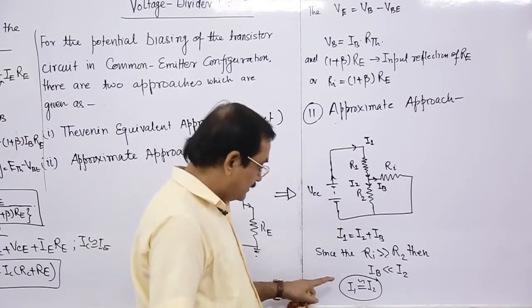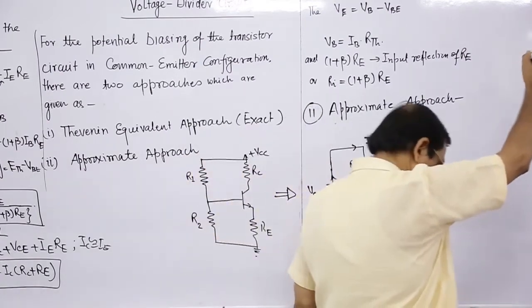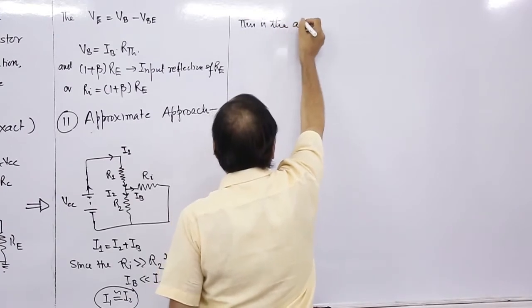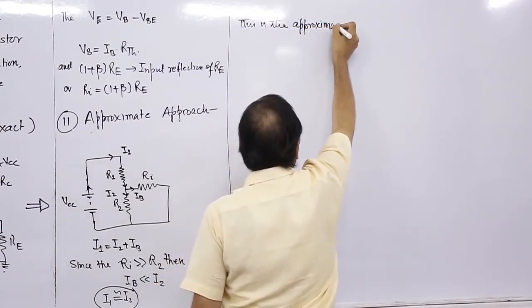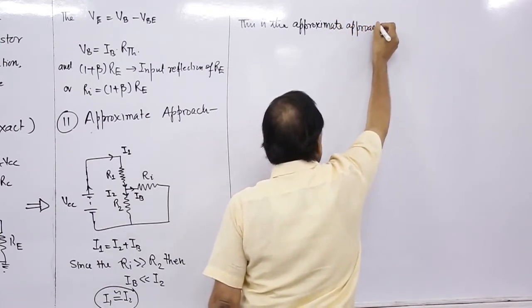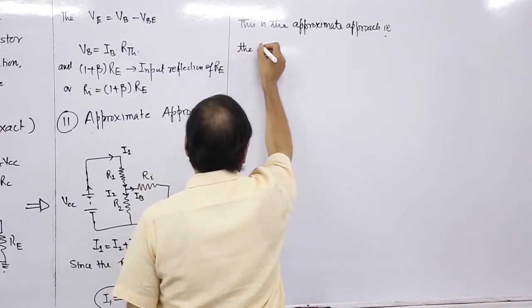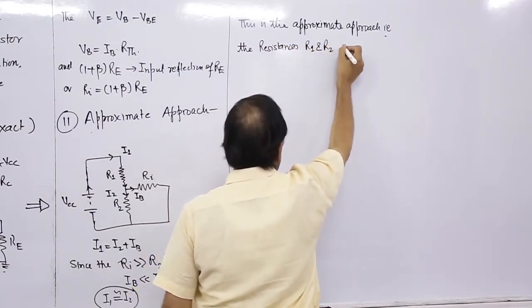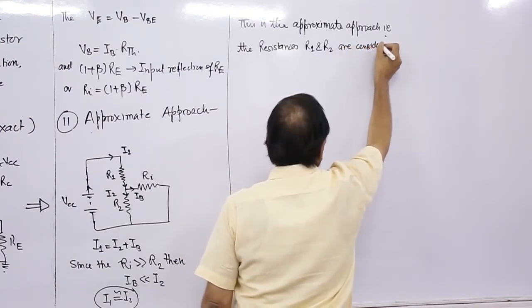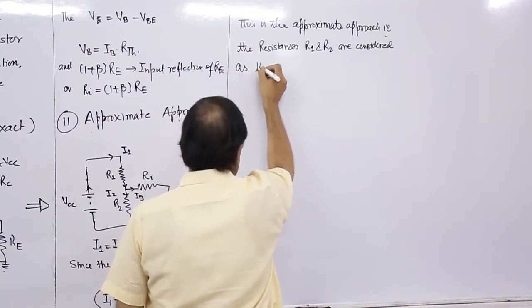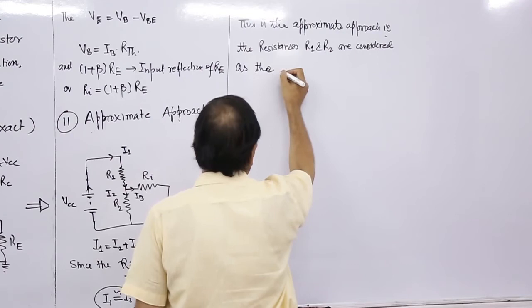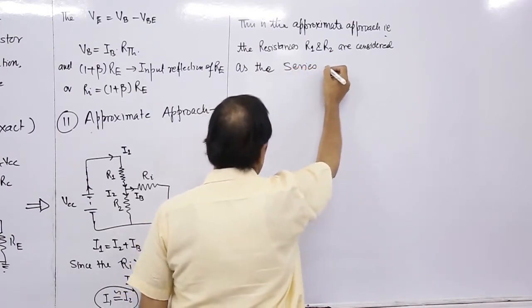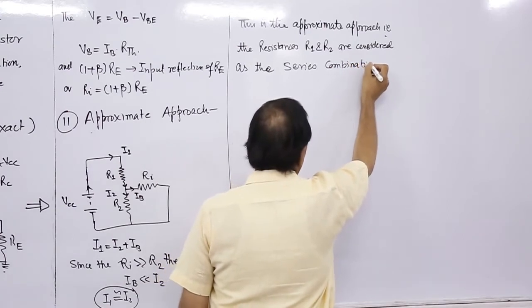Then the resistances R1 and R2, in this approximate approach, are considered as the series combination.